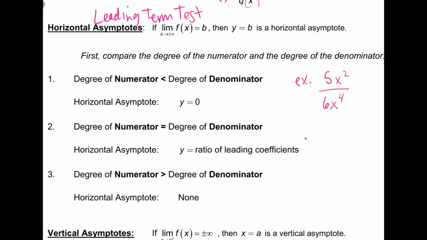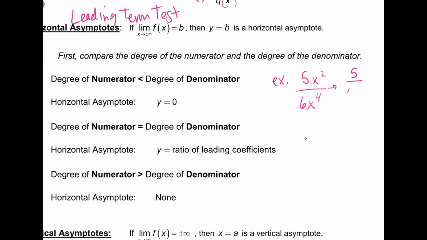That's how you find horizontal asymptotes. Remember how we were learning limits? Clearly, if I rewrite this, it's 5 over 6x squared. Bigger on bottom, your horizontal asymptote is 0.